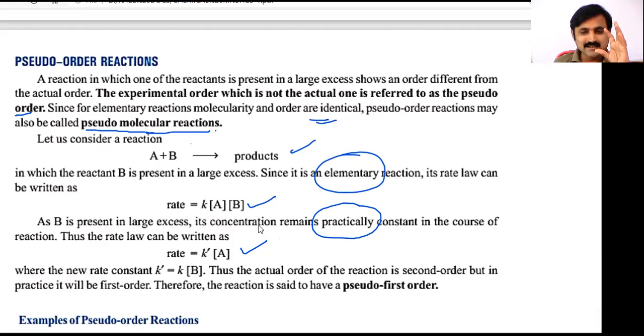So it looks like a higher order, but it is a lower order reaction. The new rate constant K dash will become K into B concentration. Thus the actual order of reaction is second order, but in practice it will be first order. Therefore, the reaction is said to be a pseudo first order reaction.